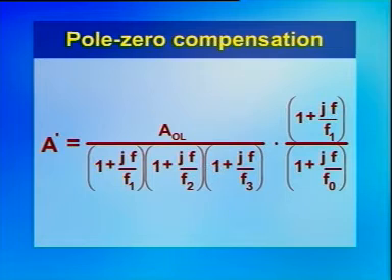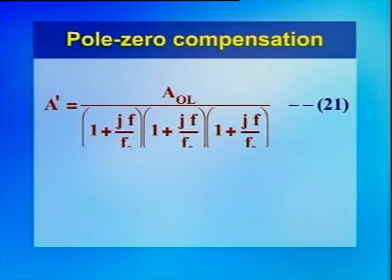Substituting the expression for A in the above expression, we get A prime equal to AOL by 1 plus jf by f1 into 1 plus jf by f2 into 1 plus jf by f3 into 1 plus jf by f1 by 1 plus jf by f0.